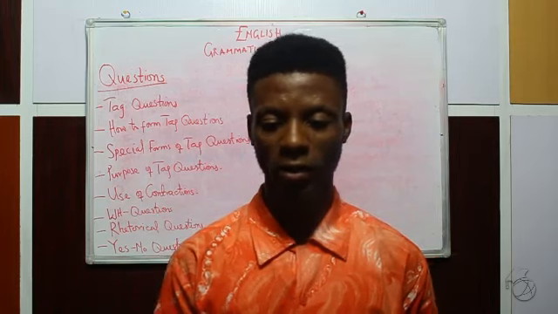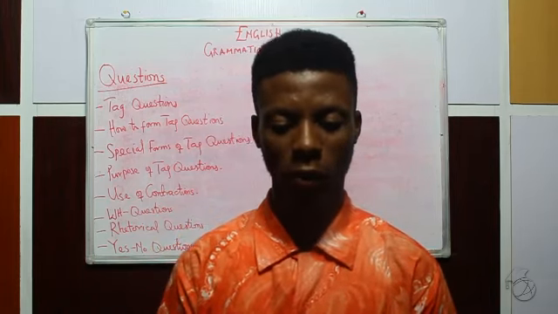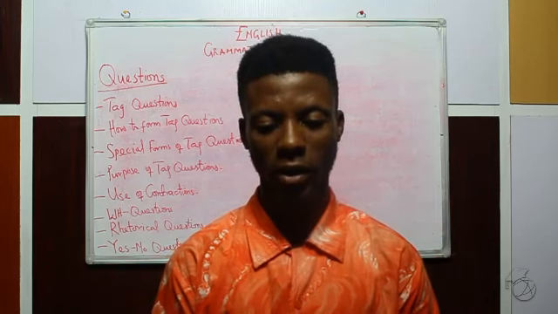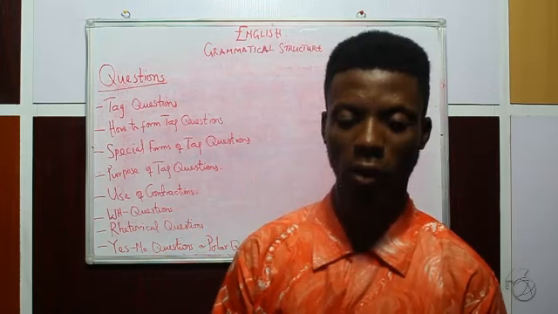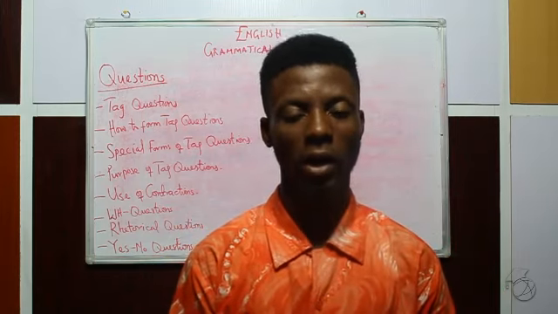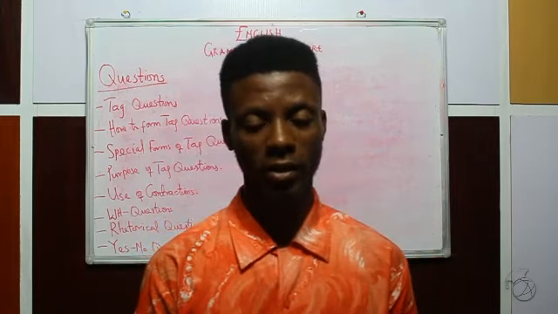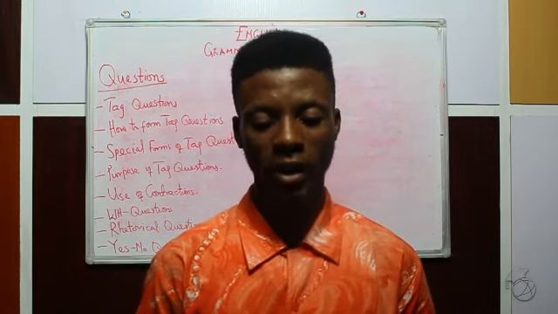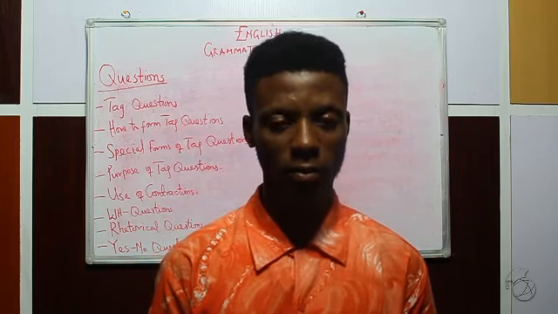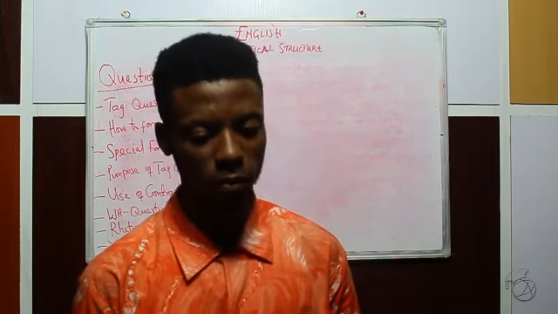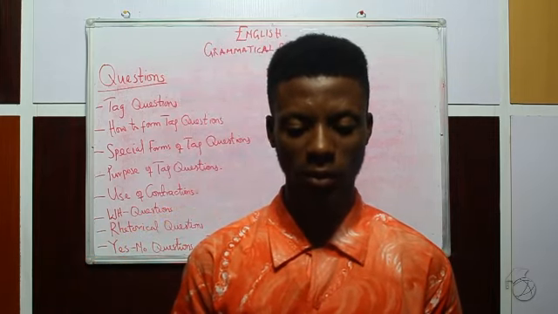Number 6 thing we have to know about tag questions. The choice and tense of the operator, that is the auxiliary, are determined by the verb phrase in the main clause of the statement. Example, John jumps over the fence, doesn't he?